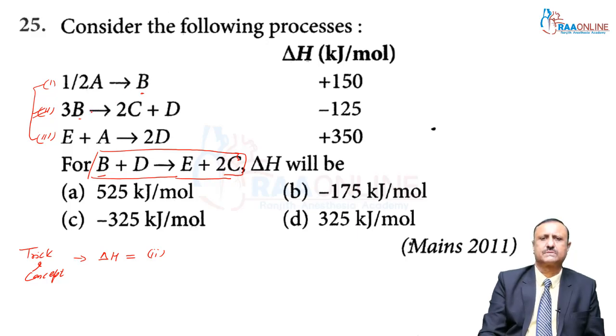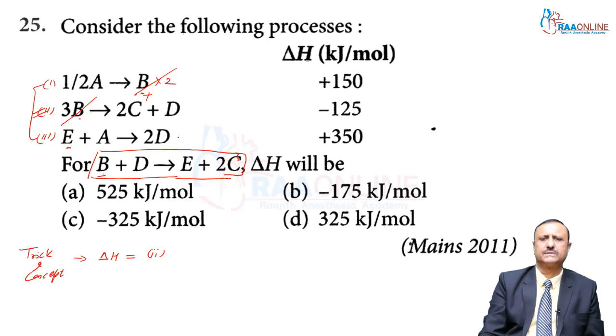So, my dear students, here if you multiply this equation by 2, you get 2B, and both are added with each other. So, this is cancelled with each other, and you can get only B plus D, and you get E in the product. But this is present in the reactant.